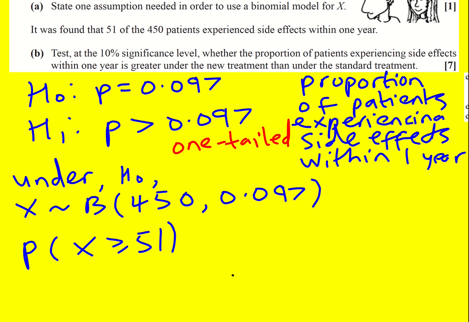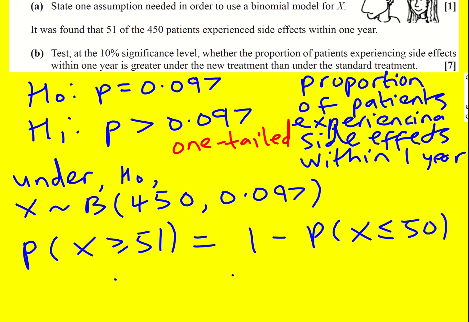And then we need to figure that out and find out if that was likely to happen or unlikely to happen. Because if you just set it equal to 51, that's not very likely. But if it's 51 or more, then you look at the whole scope of it. To work this out, we need to change it to 1 minus the probability that X is less than or equal to 50.